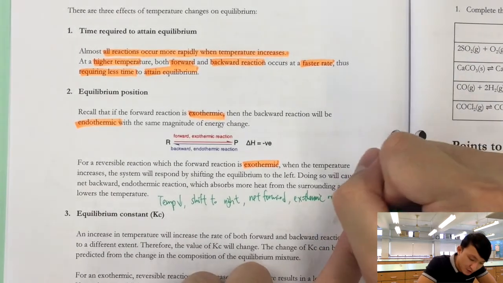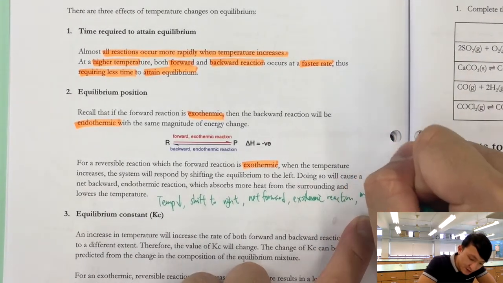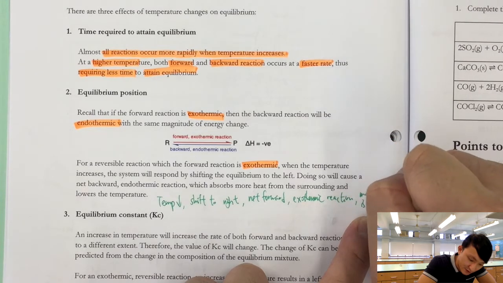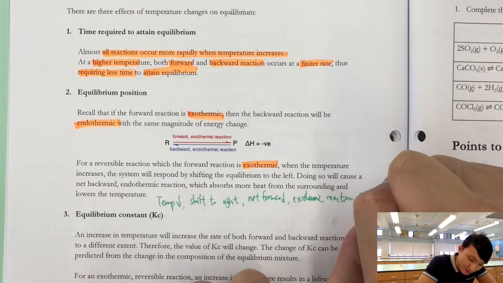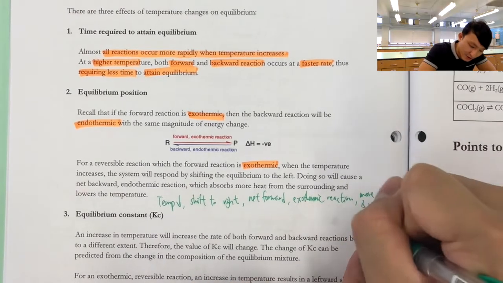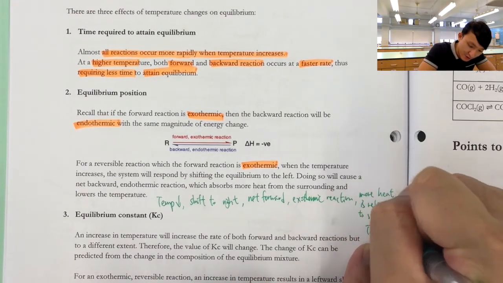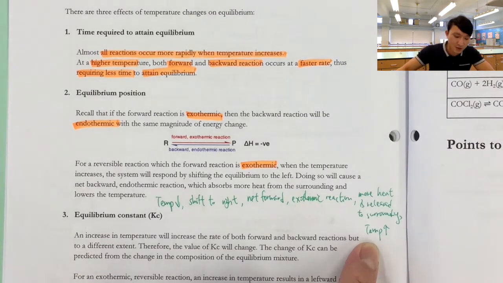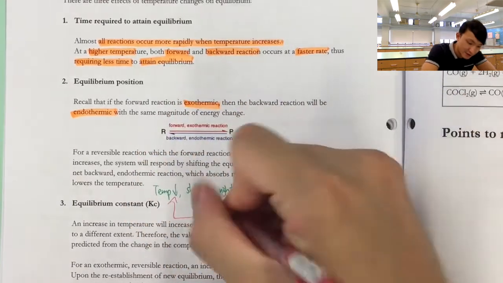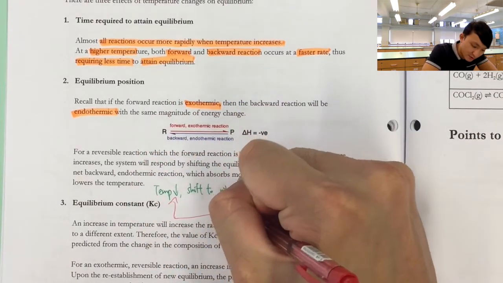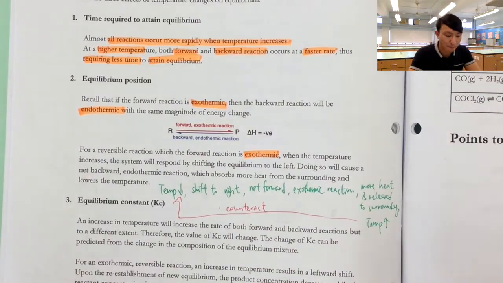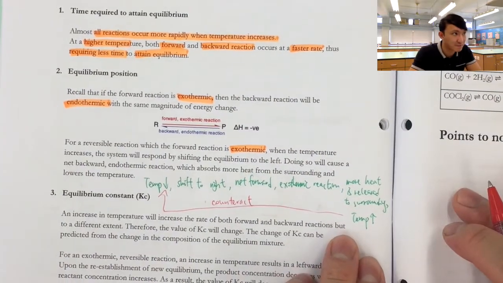As a result, more heat is released to surrounding and therefore causing the temperature to increase. And this one is basically counteracting the decrease in temperature. So that's the idea. Okay?